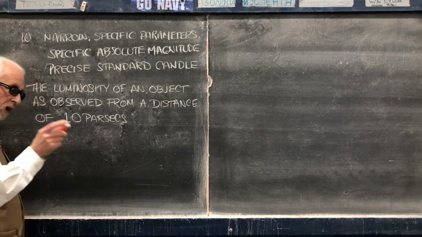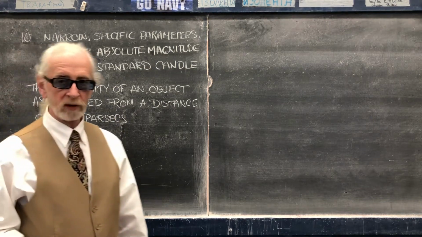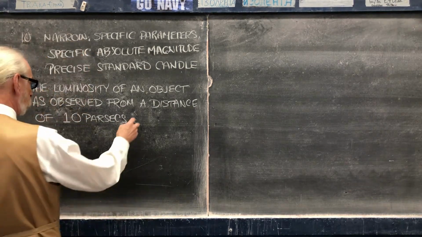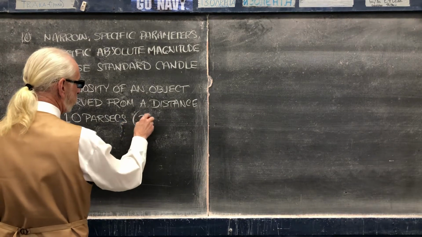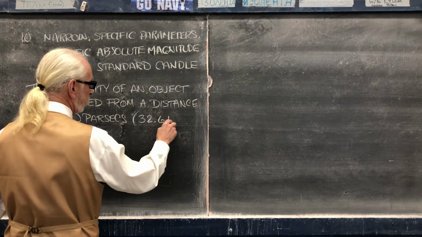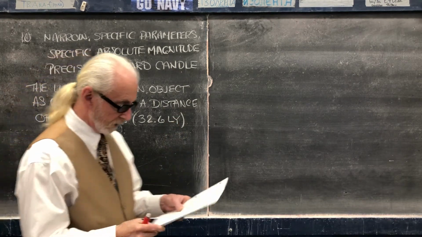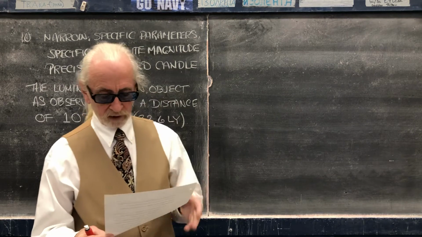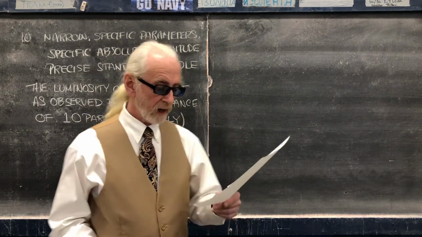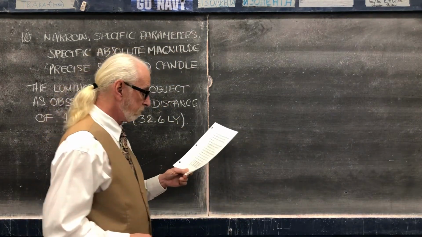And parsecs, remember, 1 parsec is 3.26 light years, so in other words, 32.6 light years. The magnitude scale is a bit counterintuitive. Negative values are brighter than positive values.